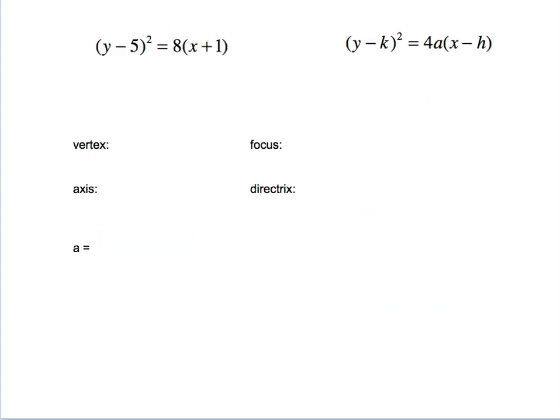All right, how about a horizontal parabola that's not at the origin? So we can name the vertex and be careful about the order. It has to be what's with the x, changing the sign, -1, comma, what's with the y, change the sign to a +5. This is a horizontal parabola, and I know it's a horizontal parabola because the y is squared. I also know because this number right here is positive that it faces right.